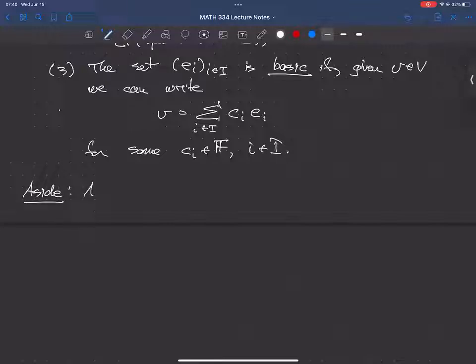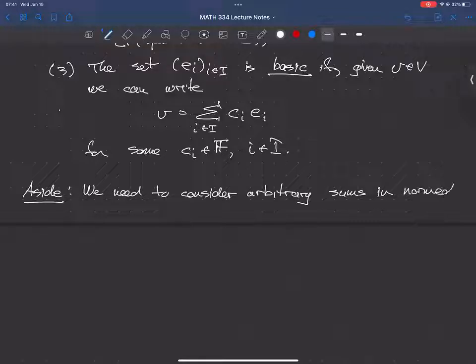Arbitrary sums in normed vector spaces. In general, we're talking here about inner product spaces, but the discussion really is about normed vector spaces.